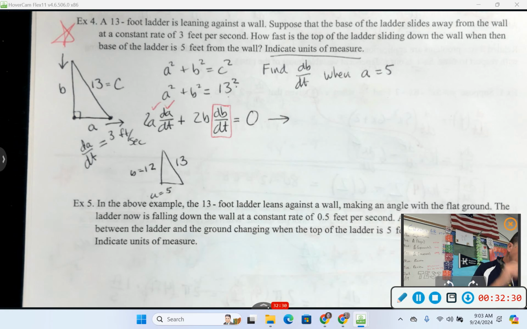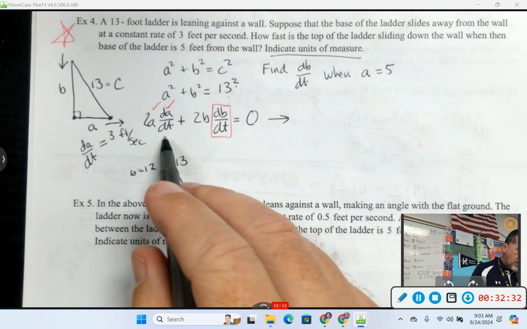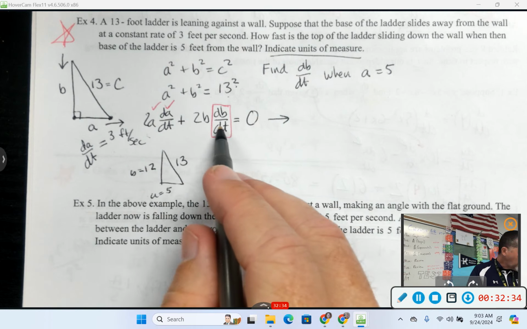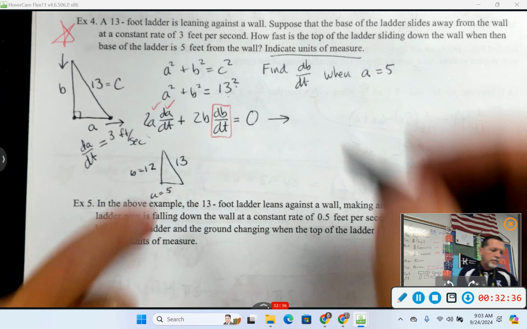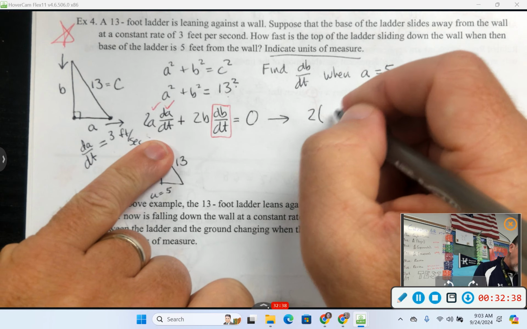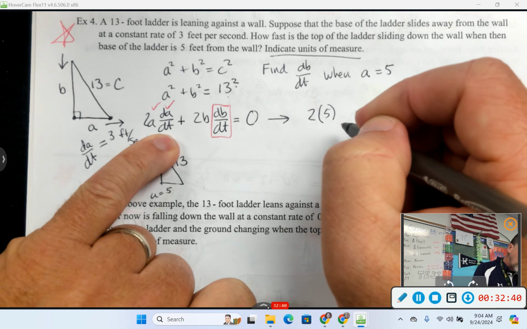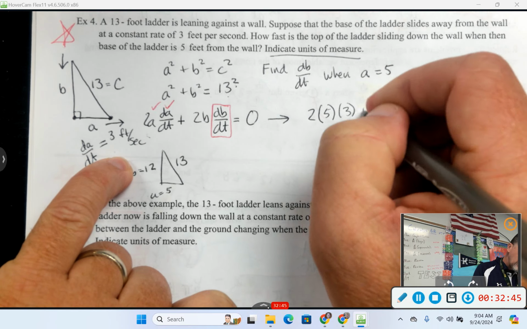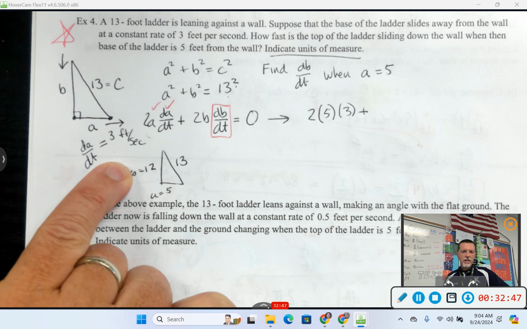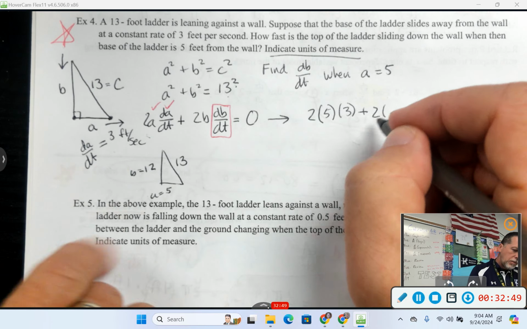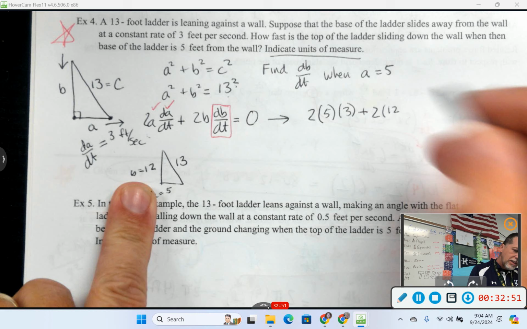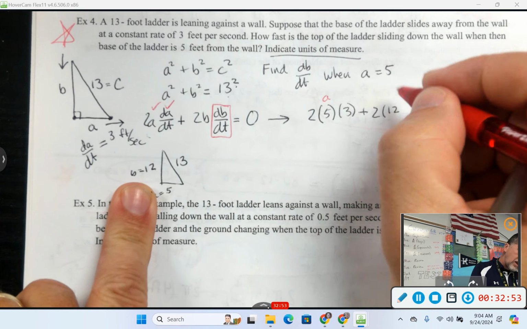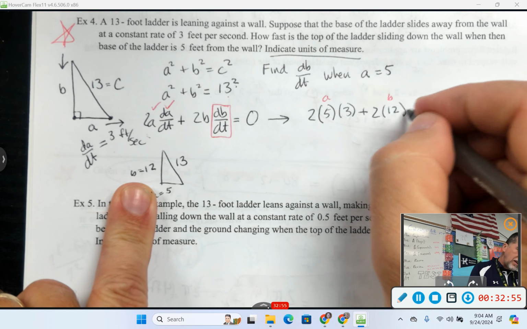Okay, so we're ready to plug some things in now. I could divide by 2 and make all that go away, but oh well. 2 times A is 5. dA dt is 3. Trying to keep up with all the pieces here. 2 times B was 12. dB dt is what we're looking for.